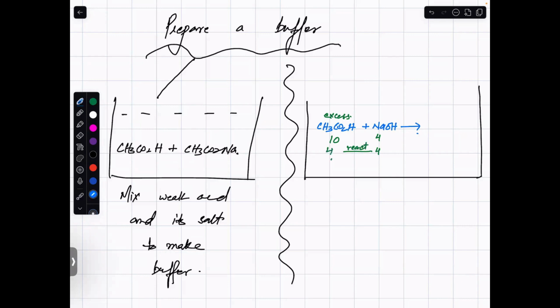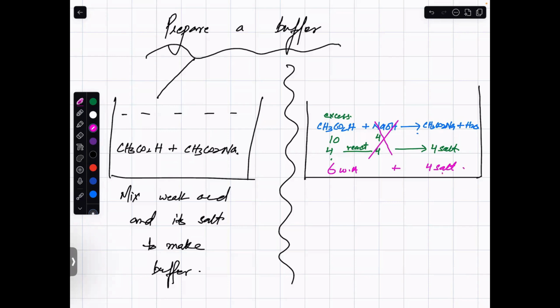How much salt is formed? 4. 4 salt formed. All the base finished. What is there in your container? 6 weak acids plus 4 salt.